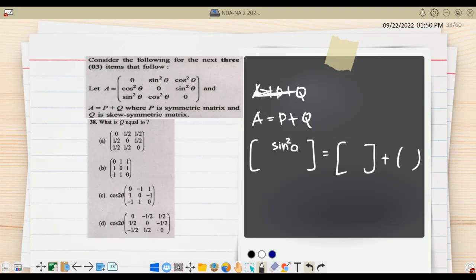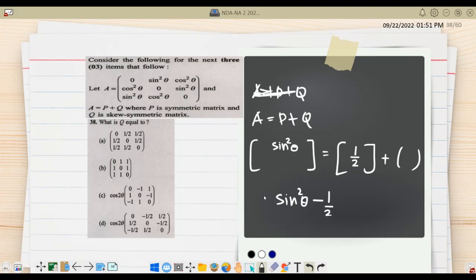So you have a sine square theta. In P you had a 1 here. So this is going to come to the left hand side, right? So what is the value of sine square theta minus, sorry, we had a 1 by 2.